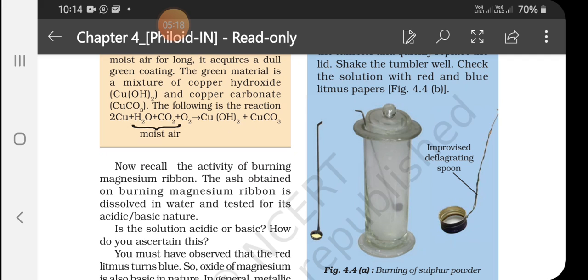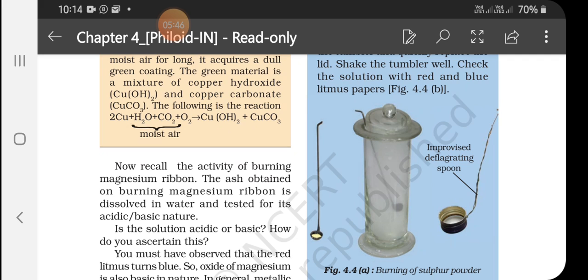When this sulfur dioxide reacts with water, it forms an acid. What can the acid be? It will be sulfurous acid, and this acid is acidic, and when we react this solution with blue litmus paper, we get red color.